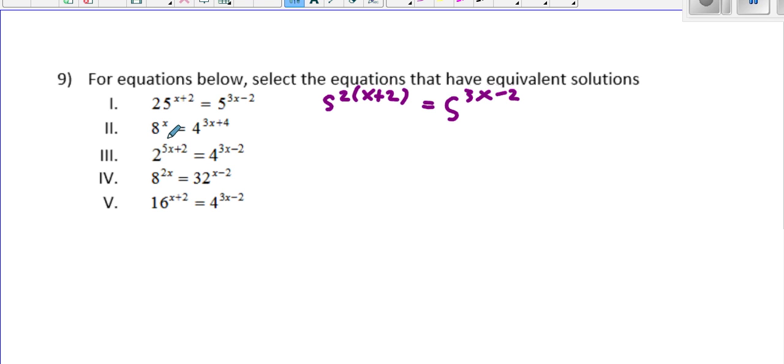For number 2, you're trying to make them be the same bases. So make them all be base 2, because 8 is 2 to the third to the power of x. And then 4 is 2 squared to the power of 3x plus 4.